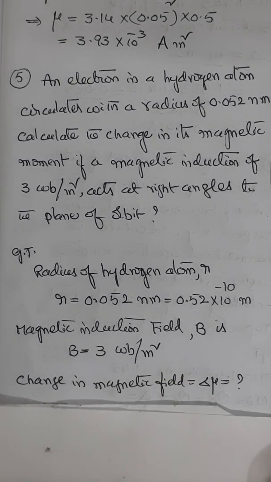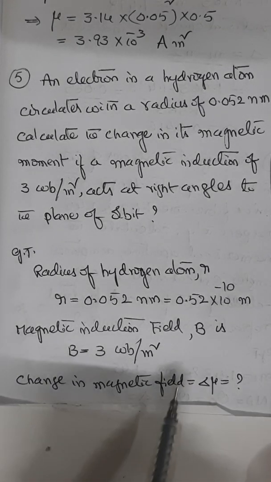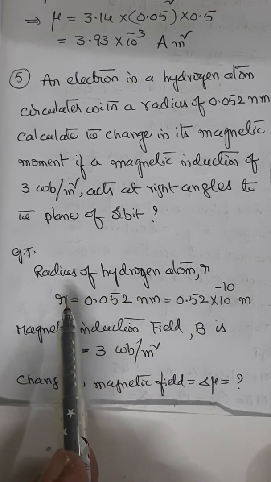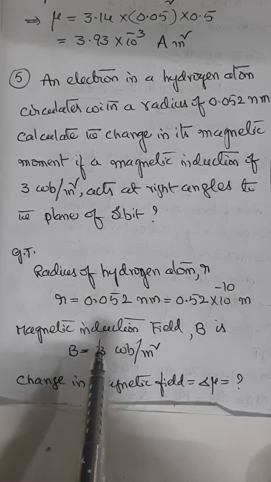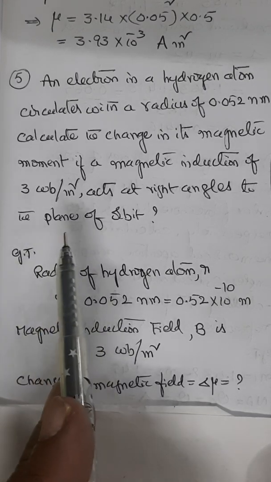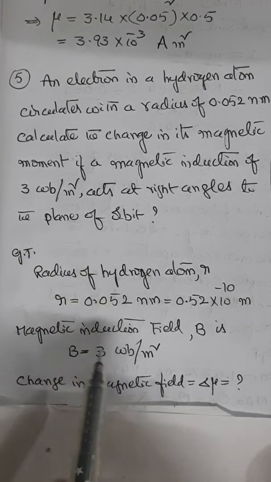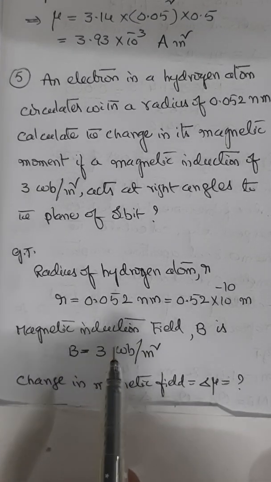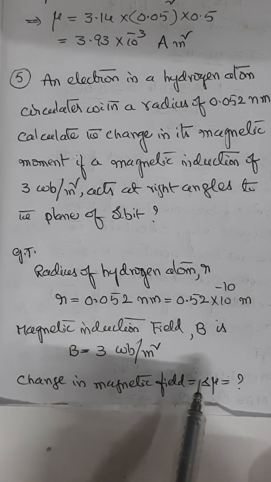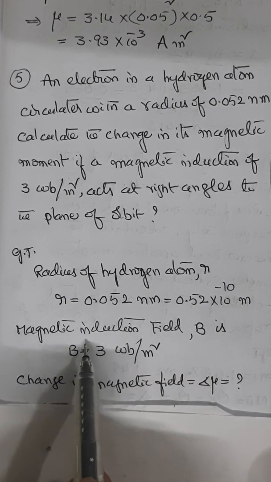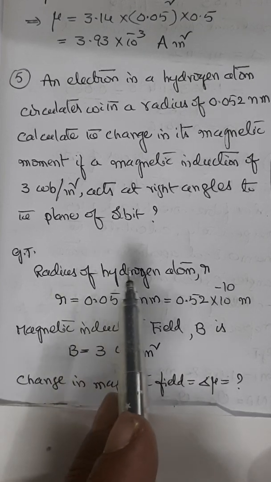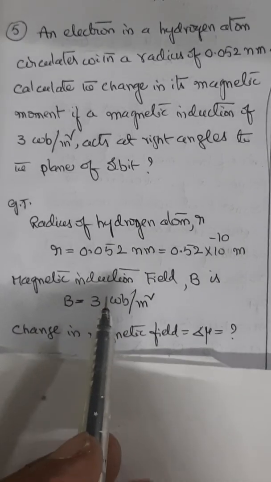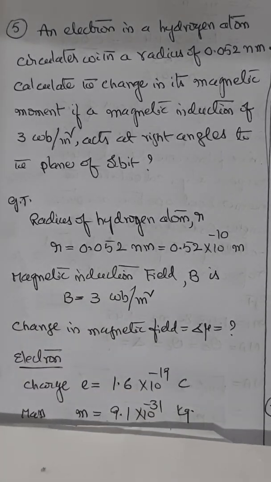Now, if you recollect the formula relating these three, that is delta mu, B and R, two more things will come. One is the charge of an electron, E, and the mass of an electron. So the formula relating delta mu, B, R, charge of an electron E and mass of an electron M is something like this.